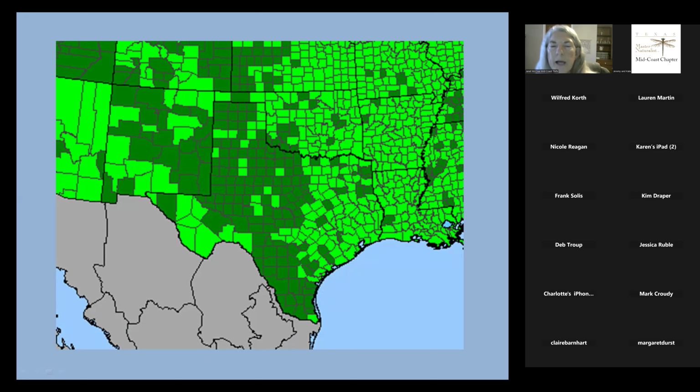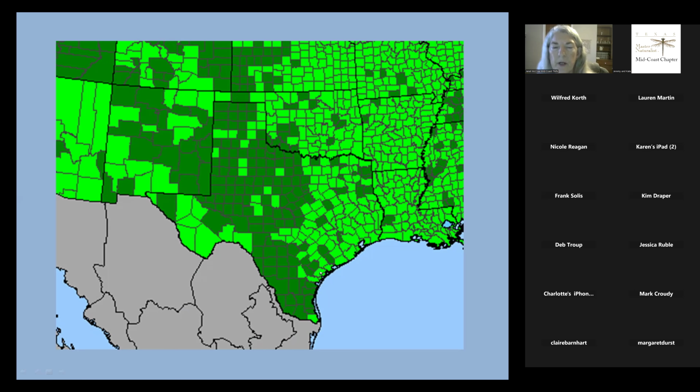And so the lime green or lighter green are the counties where that plant has actually been found and reported. So you can see that all of the state is in green. The dark green means it's native to the state, but the light green means the plant has actually been found in that county and reported to the site.